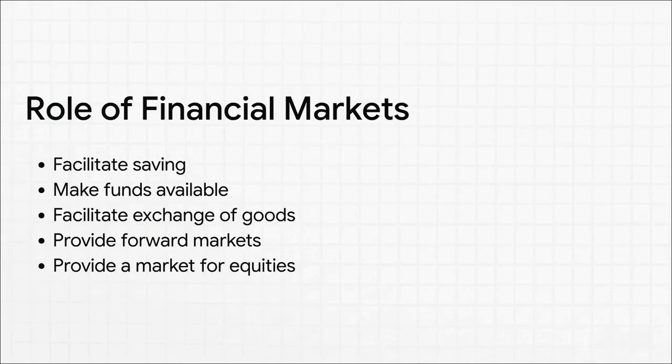They take someone's retirement savings and connect it to a brand new startup that needs funding. Or they take your bank deposit and turn it into a mortgage for a family buying their first home. They basically take dormant savings and turn it into active investment that fuels innovation and growth.